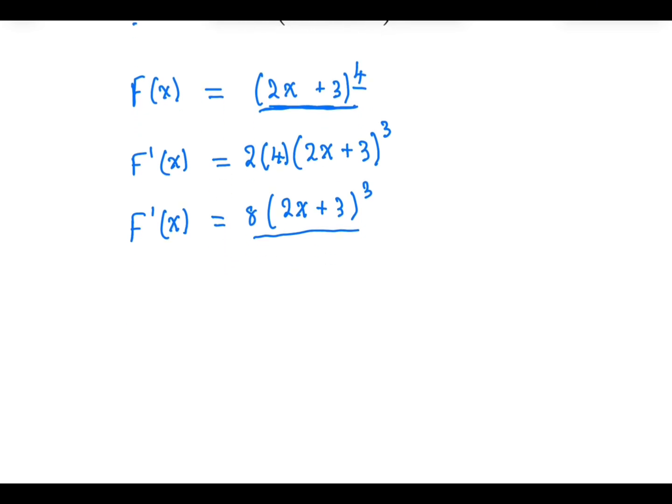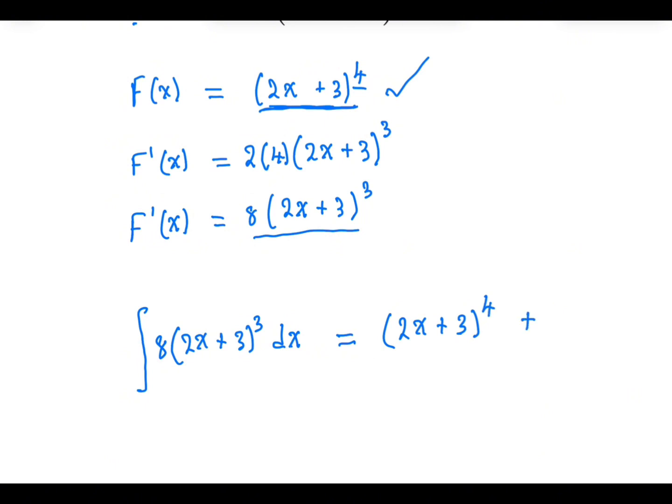That is, by integrating the derivative, 8 into 2x plus 3 all to the power of 3 with respect to x, this should give us 2x plus 3 all to the power of 4 plus the constant of integration k.